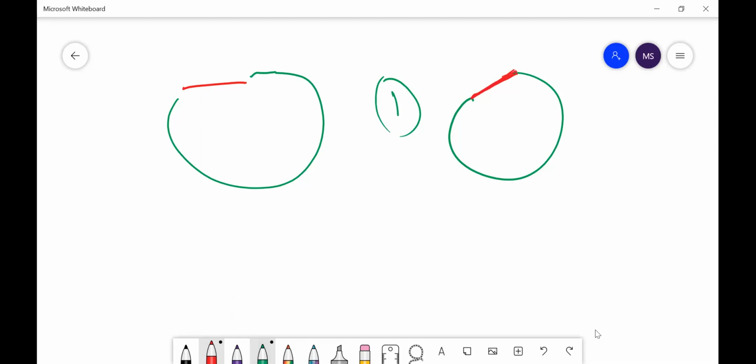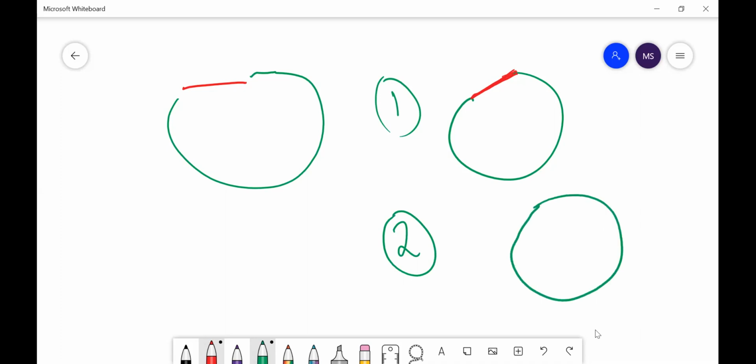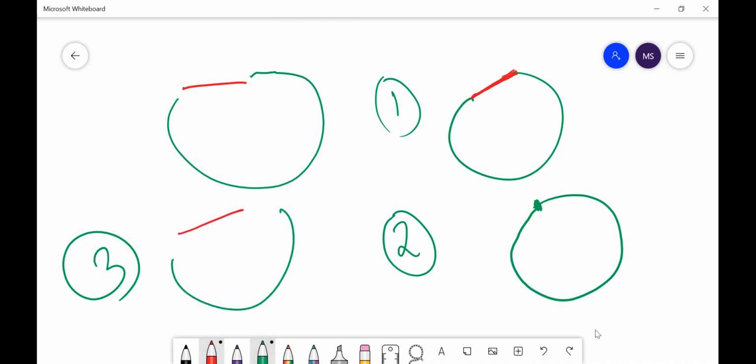Then there will be a second probability that your vector is self-ligated. Then there is a third probability, your insert and vector are not joined.